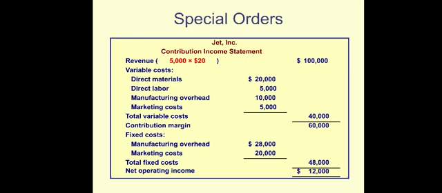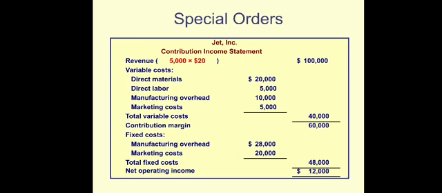So this is Jet Incorporated's income statement. Revenue is 5,000 times $20, because currently Jet Incorporated is producing only 5,000 units. One unit's price is 20, so $100,000. In this question, the variable costs are direct material 20,000, direct labor 5,000, manufacturing overhead 10,000, marketing cost 5,000. Total variable cost is 40,000.